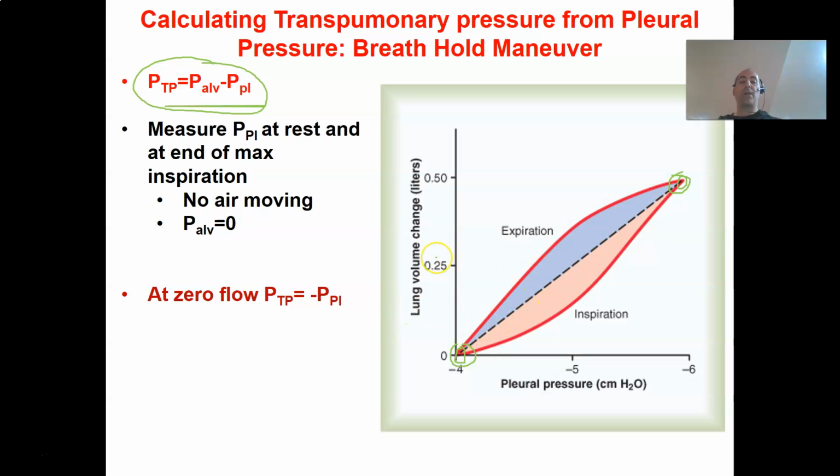This is one of the compliance curves. There's several compliance curves that we talk about in respiratory physiology. This part of the compliance curve represents inspiration and the changes. This part of the compliance curve represents expiration.